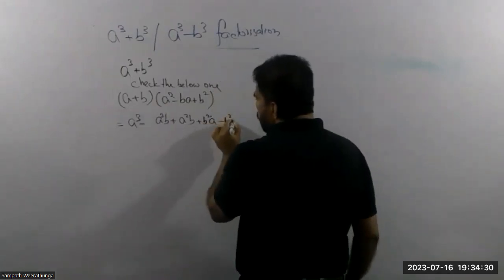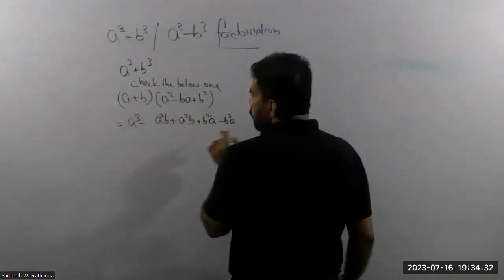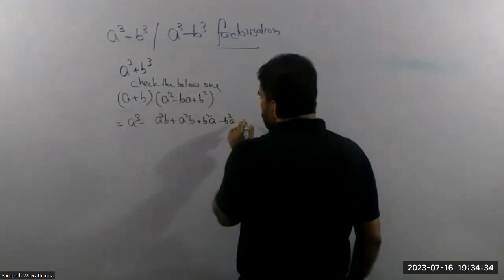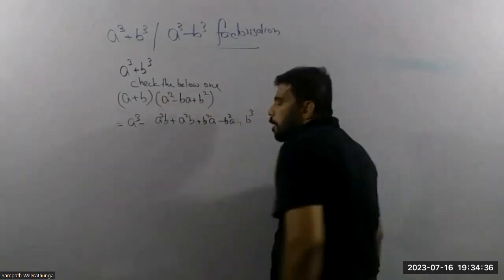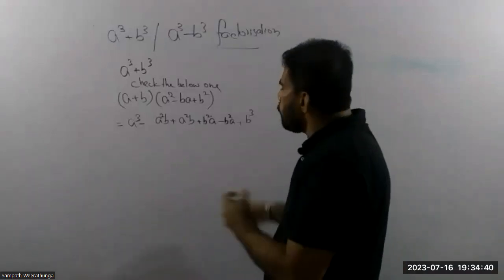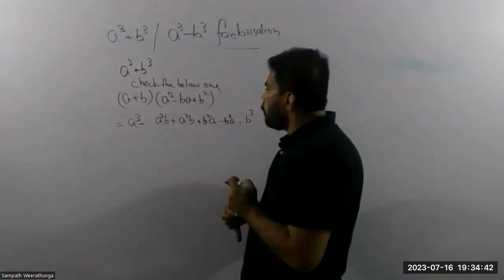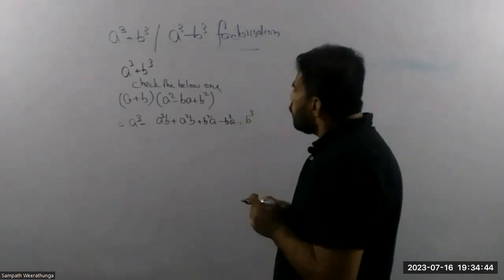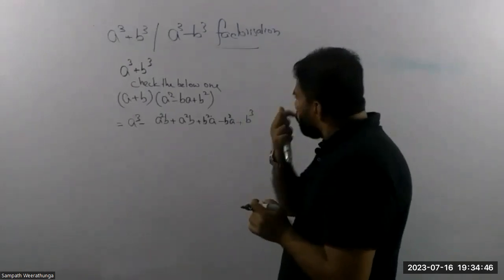B squared A negative plus B into B squared, B cube. See the relationship? It's nice, right?